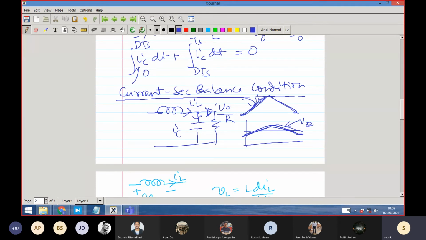However insignificant, we must quantify it, because unless we quantify it, we don't know whether we are meeting the specification delta V0 by V0. So this is now the within-the-period analysis and within-the-period fluctuations, assuming steady state. And steady state imposes that the initial value is equal to the final value within the period.